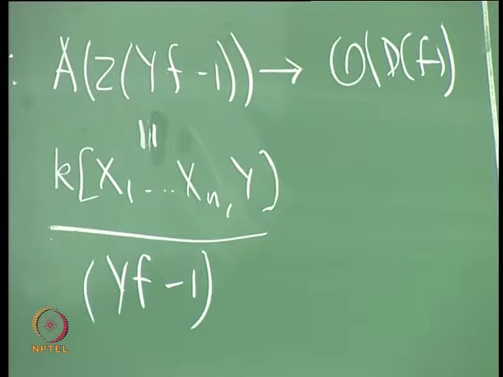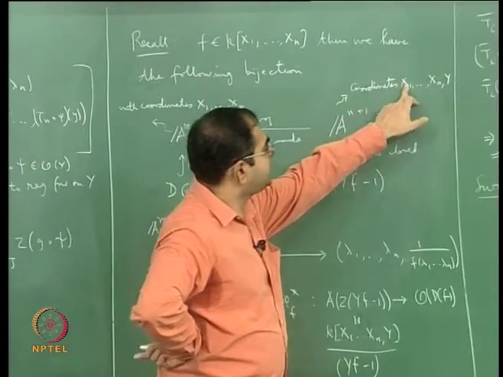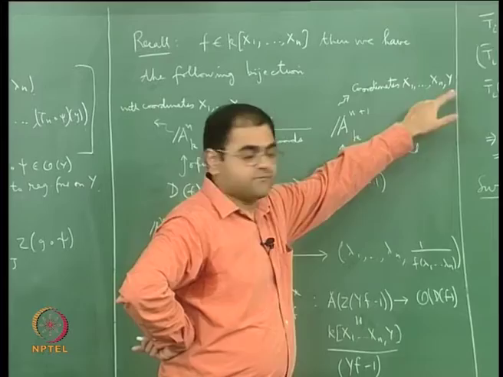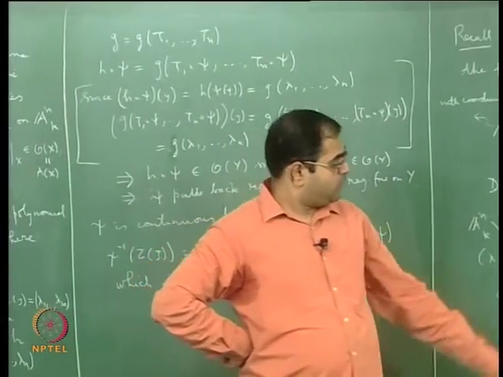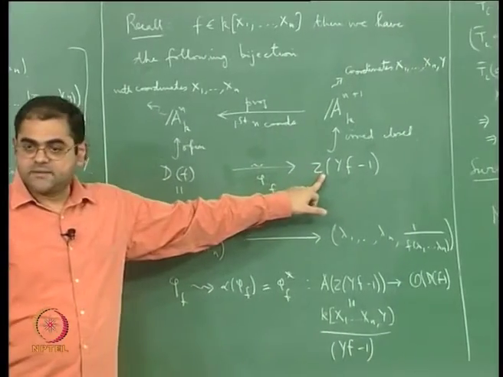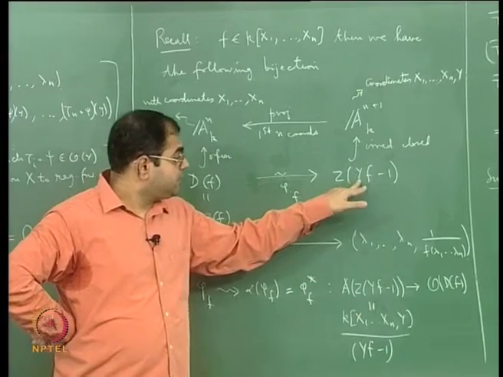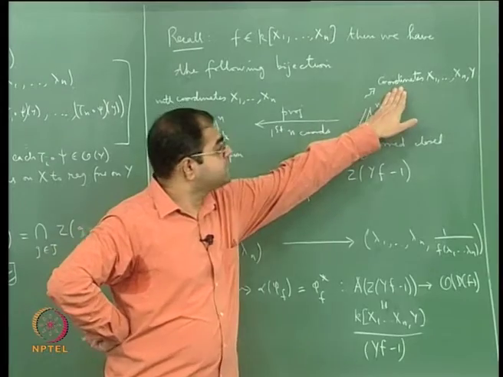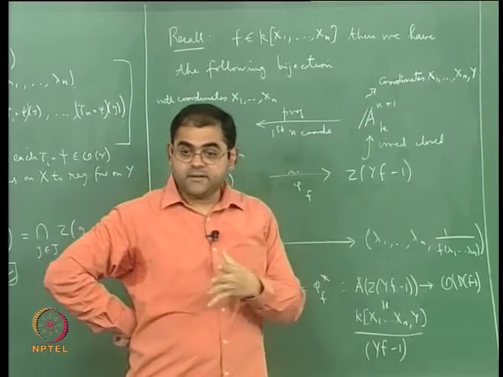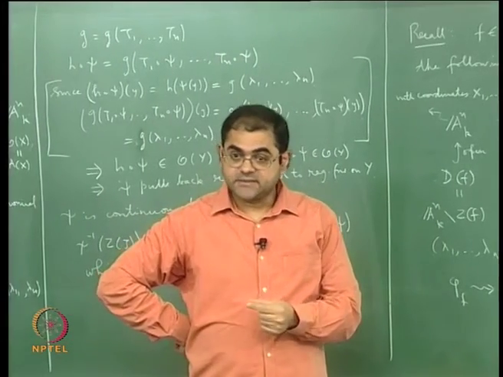It is just the ring of functions on the ambient affine space, which is the polynomial ring in these n+1 variables, the first n being given by the x's and the n+1th variable given by y, modulo the ideal of this closed subset. The ideal of this closed subset is the ideal generated by yf minus 1 because yf minus 1 is an irreducible element in this polynomial ring, which is a UFD, unique factorization domain. So the ideal it generates is prime.